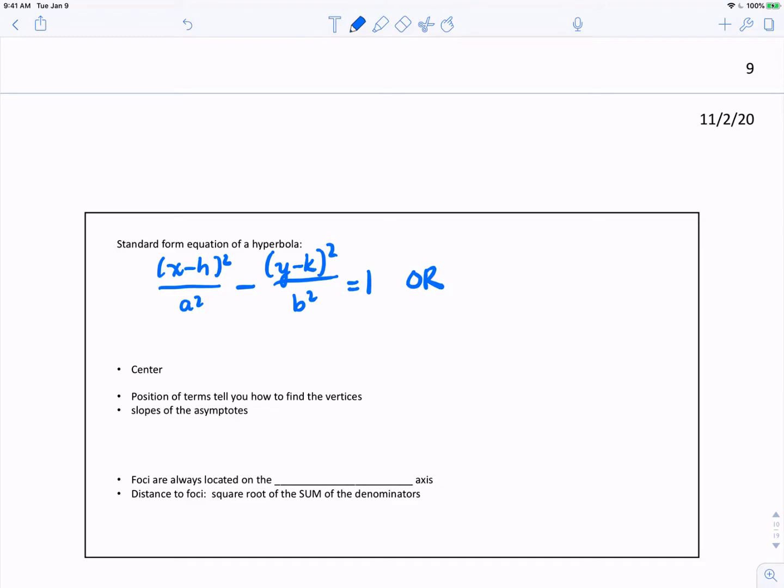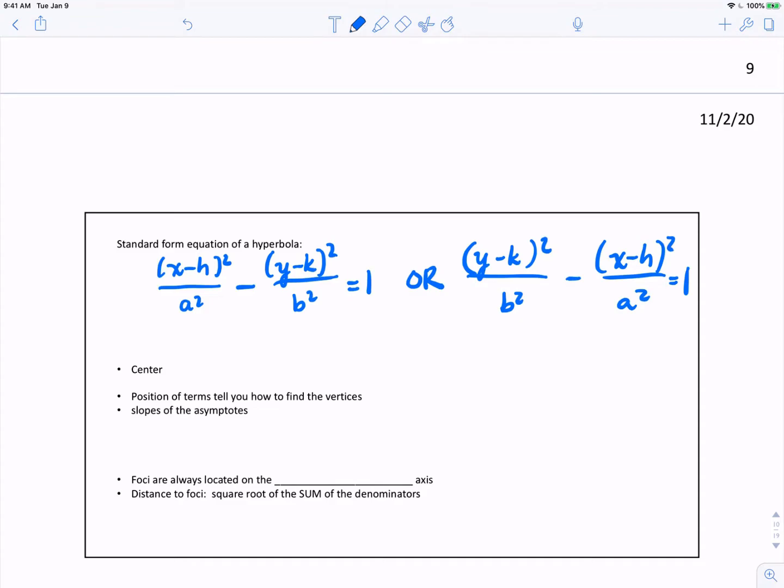So if we write the second term first, it's not exactly the same as the first version of the standard form. So that's why there are two forms for the hyperbola, but only one form for the ellipse. Addition is commutative, so the order of the terms doesn't matter.